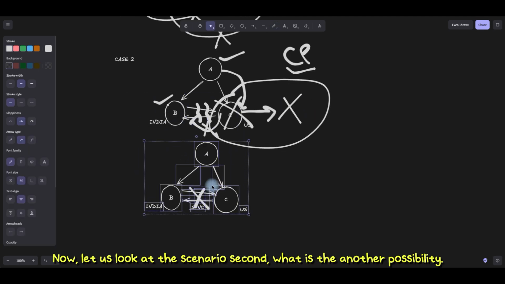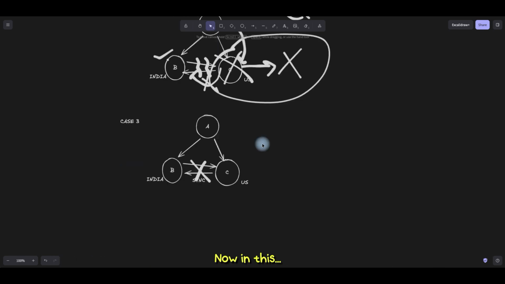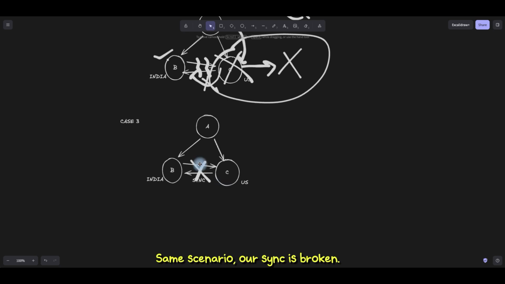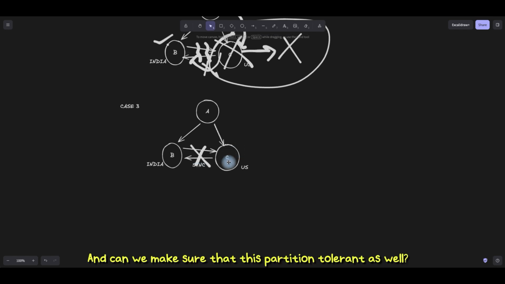Now let's look at the next scenario. What is another possibility? In this, we want to make sure that our database is consistent and our system is available, which means none of these nodes should be down. Same scenario, our sync is broken. We want to make sure it is consistent, and we also want to make sure that it is available. And can we make sure that it's partition tolerant as well?